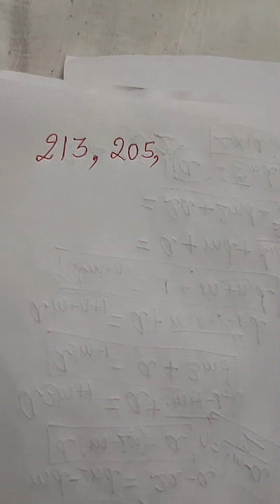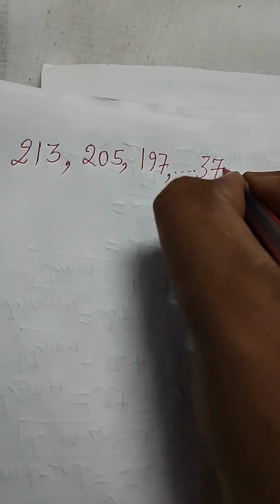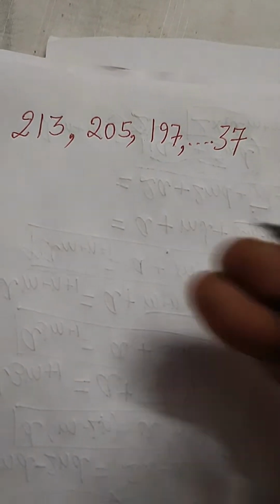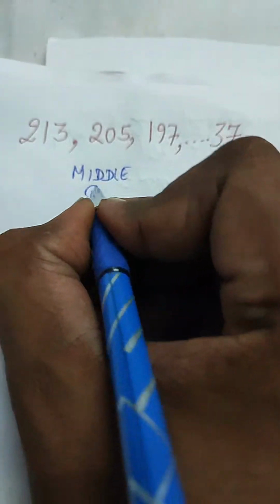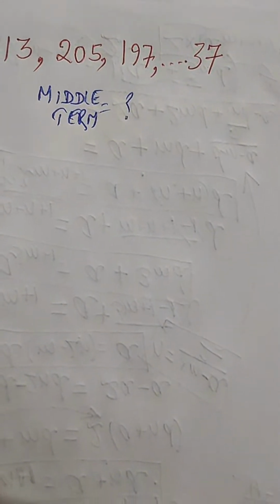The series consists of a few terms whose first term is 213, whose second term is 205, third term is 197, like so, and the last term given to you is 37, right? Now what is the middle term of this AP? That we need to calculate.